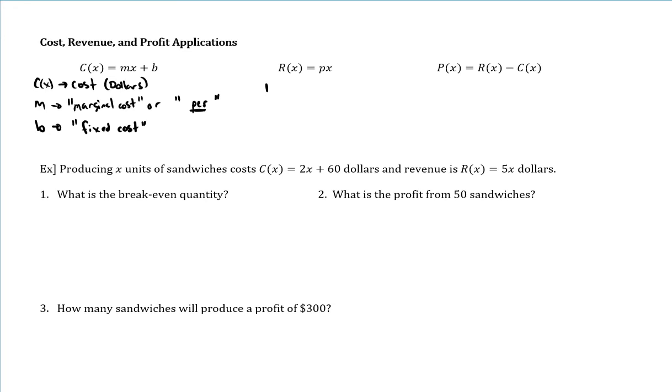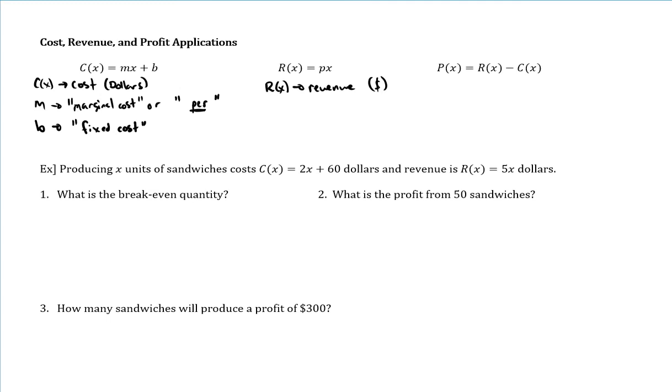Whereas r of x, this is our revenue function. And again, that would also be in dollars, some type of dollar amount. That's supposed to be the dollar symbol. Let me try again. That's better. So our revenue is what you would earn if we don't include the cost.